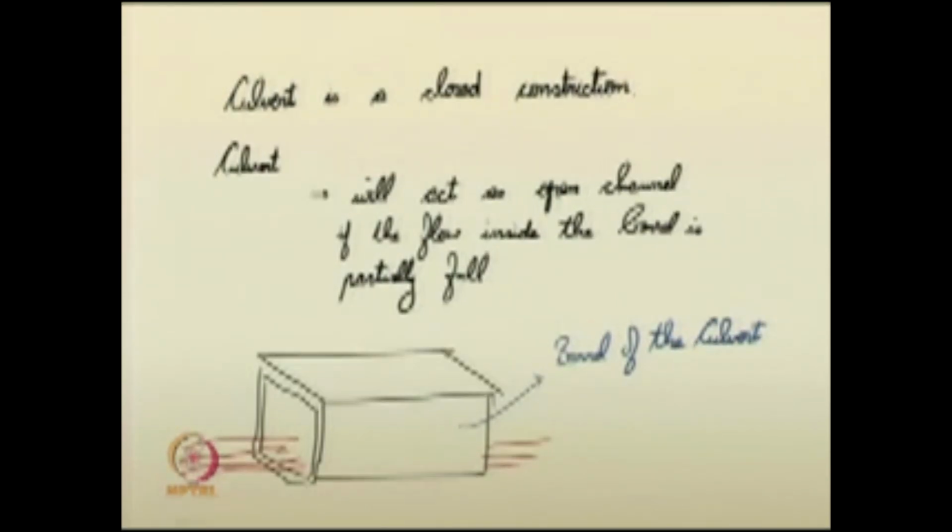If the barrel of the culvert is full, if the entire water is full like this inside, then the culvert will not act as an open channel, means you cannot call the flow inside the culvert an open channel flow, you have some constrictions there.